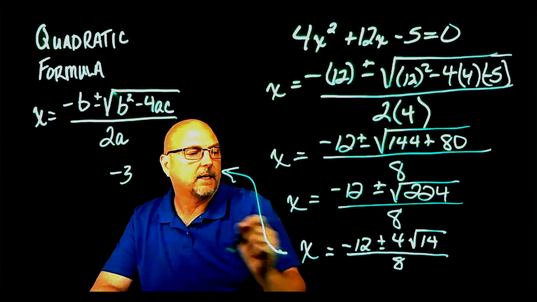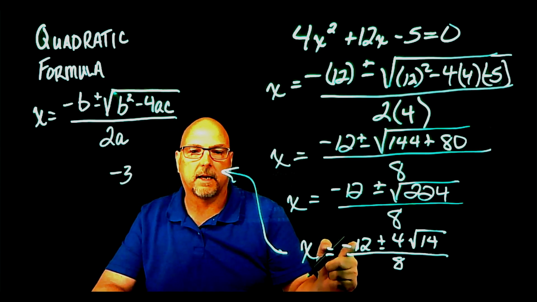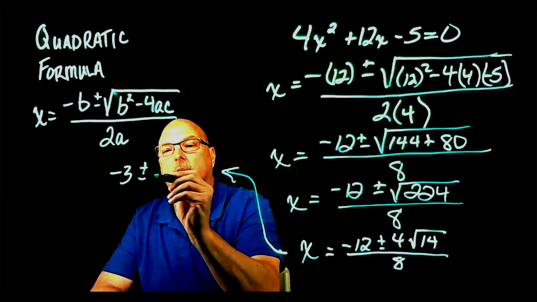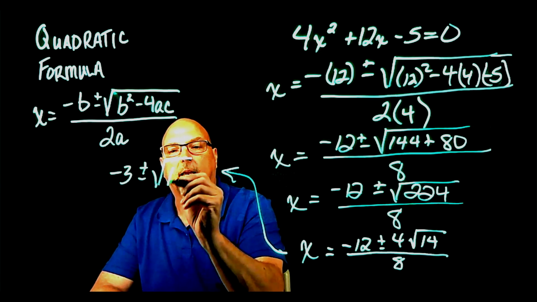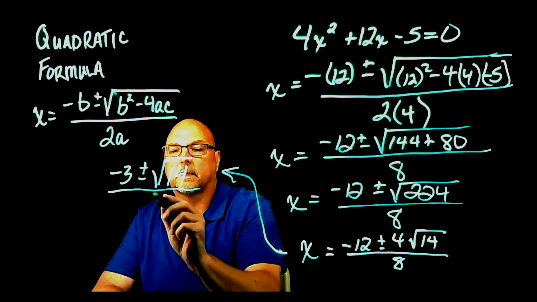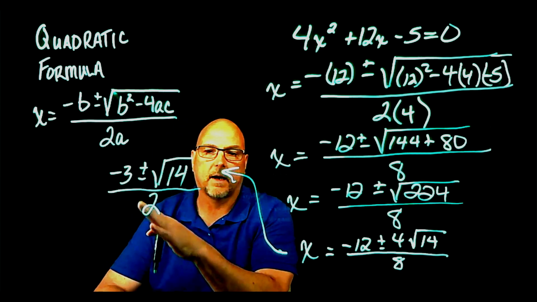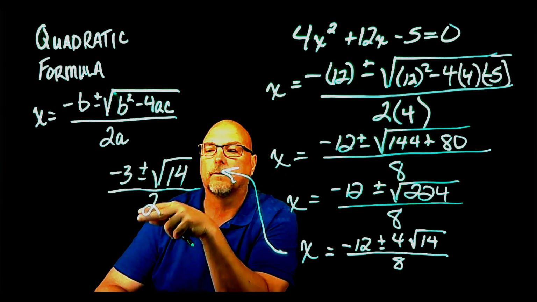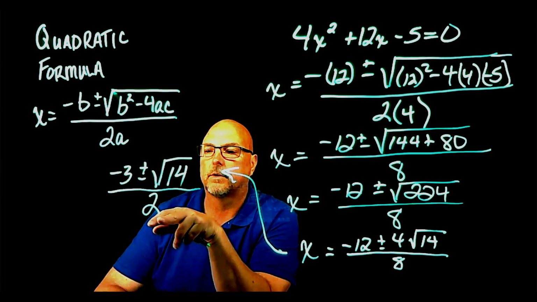So we'd have negative 3, because 4 goes into negative 12 negative 3 times. 4 goes into 4 once. And last but not least, 4 goes into 8 twice. So this would be my final solution: negative 3 plus or minus the square root of 14, all over 2.